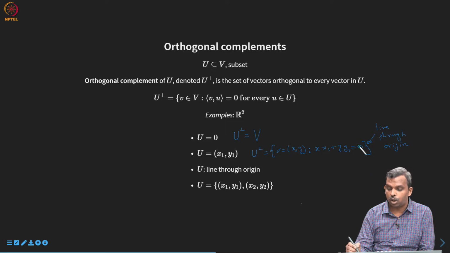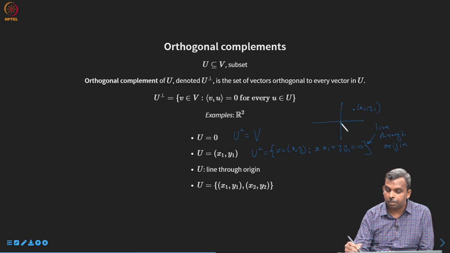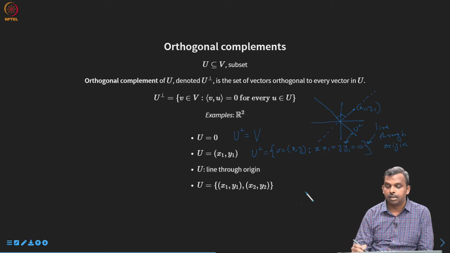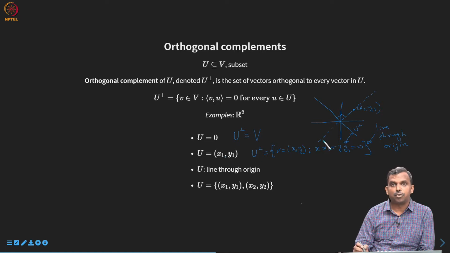So, if you were to draw this point and you have, let us say, (x1, y1) here, U perp is, you draw this line through this, then U perp would be the perpendicular line. Okay. So, this would be 90 degrees and this guy would be U perp, isn't it? So, that is nice enough to see. Okay.